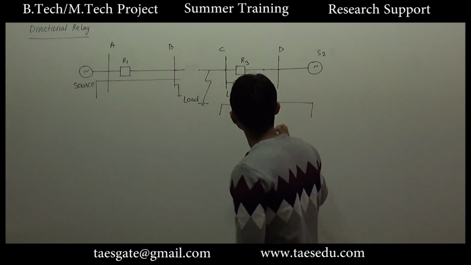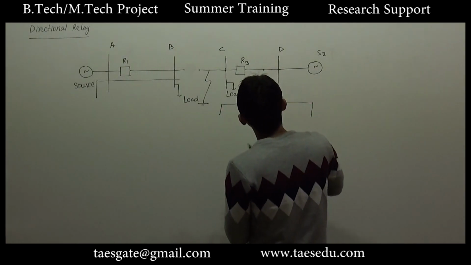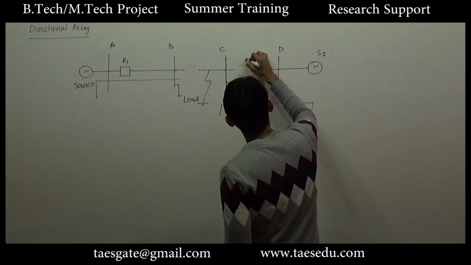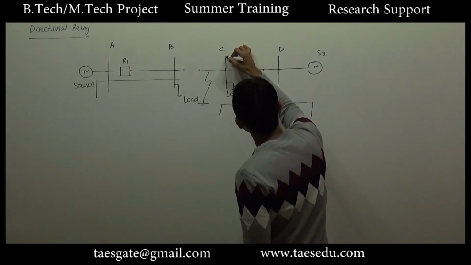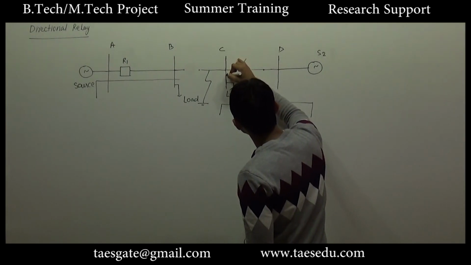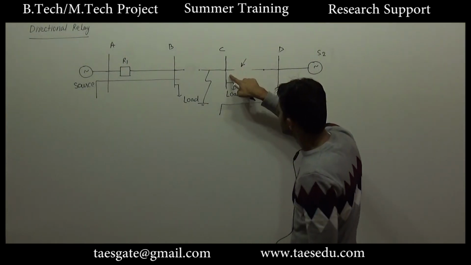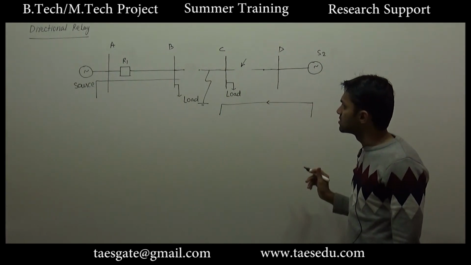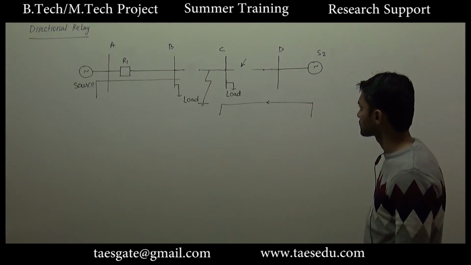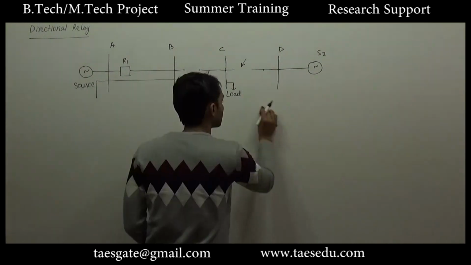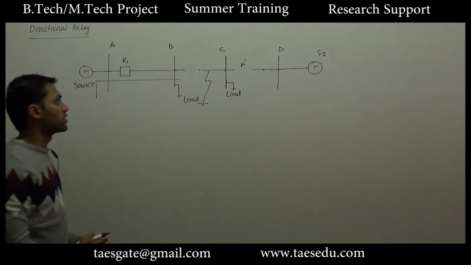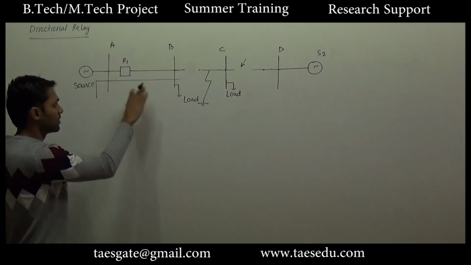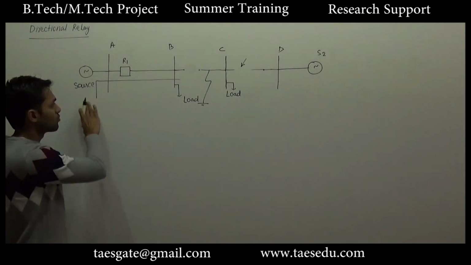For this direction of fault current, the relay R3 will operate, and after operation of this relay, the power supply to the load connected to bus C will be interrupted, which is not a preferable case. Okay, so this is a problem if we provide protection from one end only. This protection was for source 1 only.